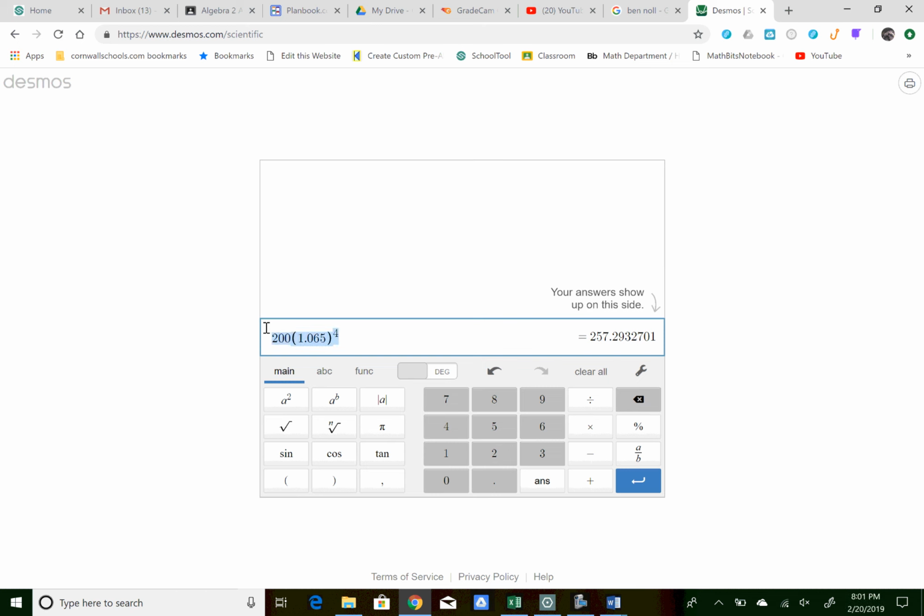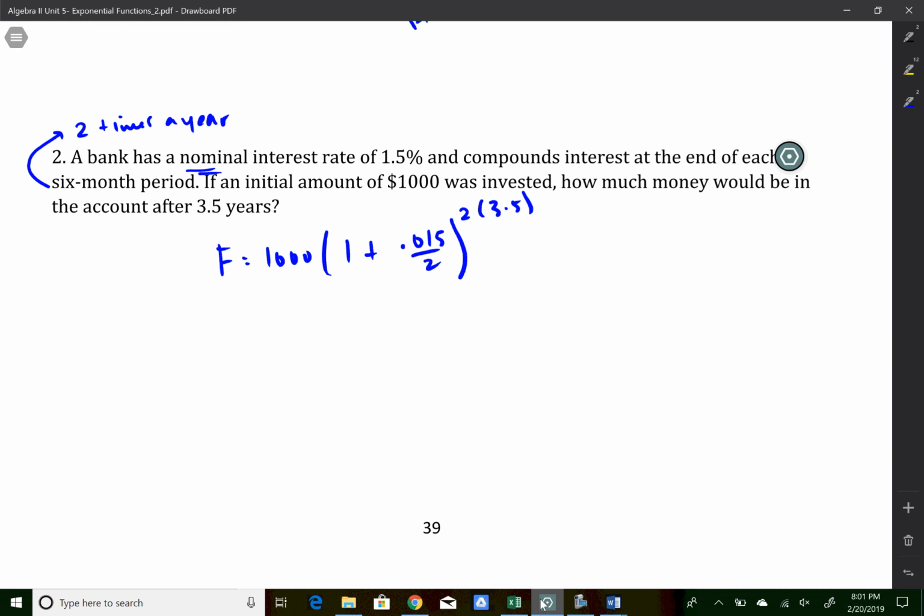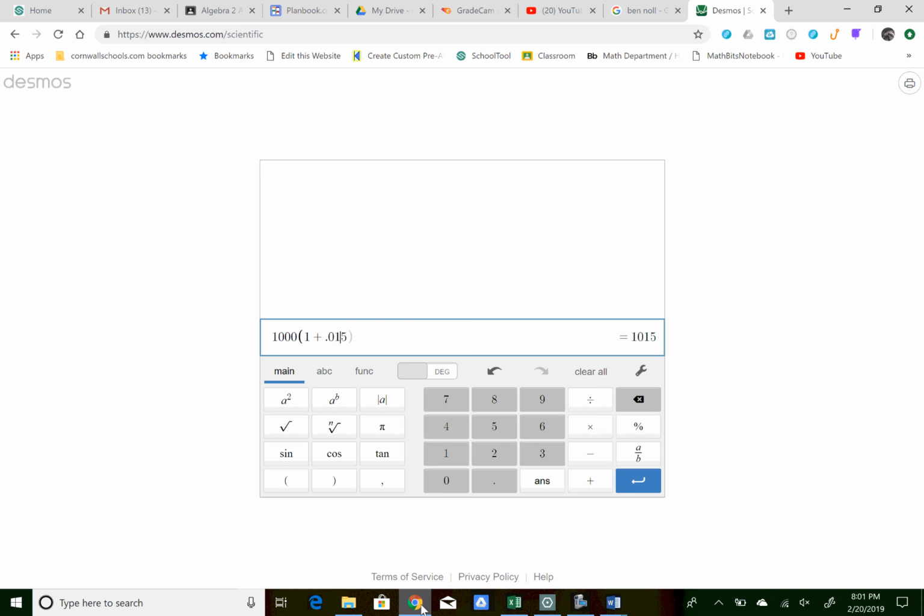So we have 1,000 parentheses 1 plus 0.015, divided by 2. Nice thing about Desmos is it does everything for you. It is a good feature. And then we have 3.5 times 2.